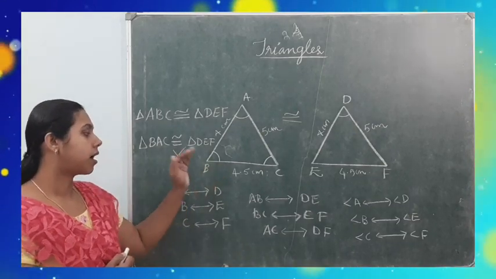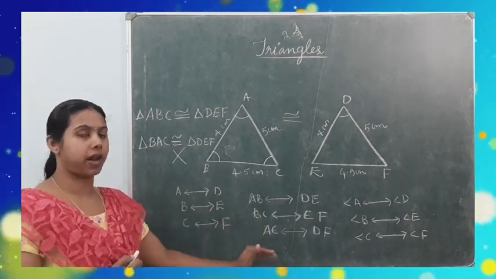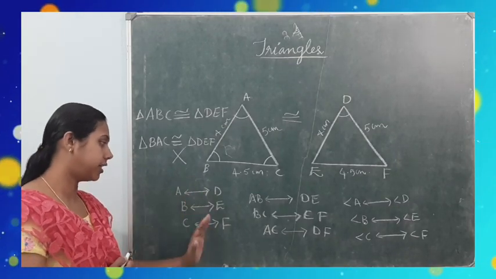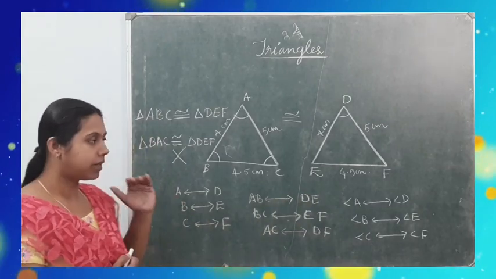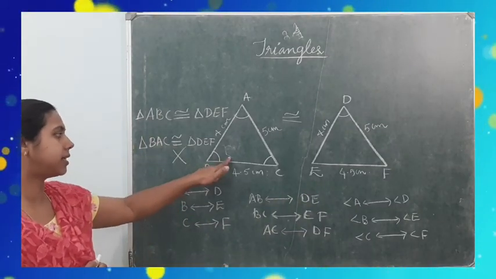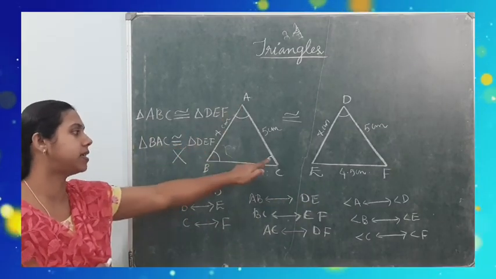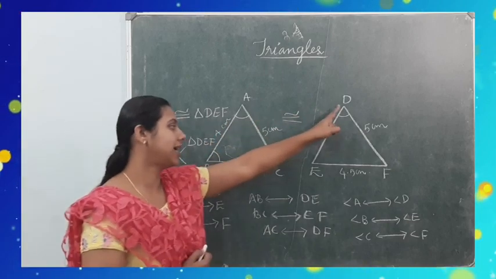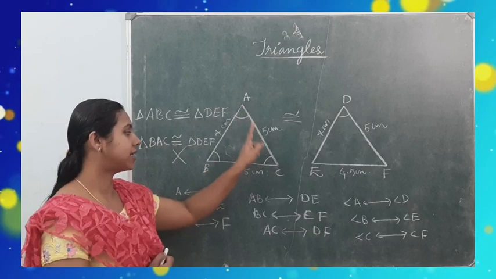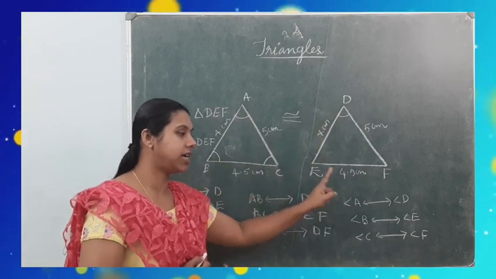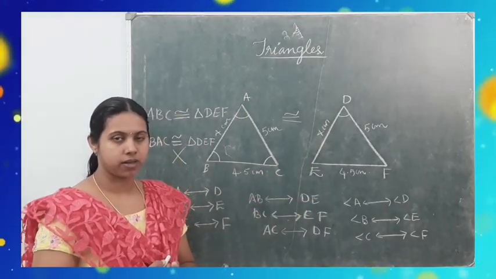So here, according to the correspondence of vertices and the correspondence of sides and angles, we can say that triangle ABC is congruent to triangle DEF. If you write BAC congruent to DEF, that is wrong.